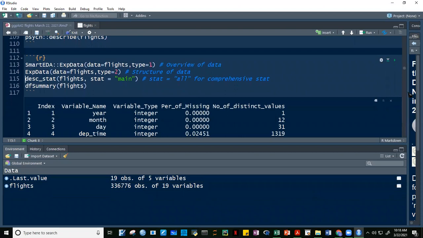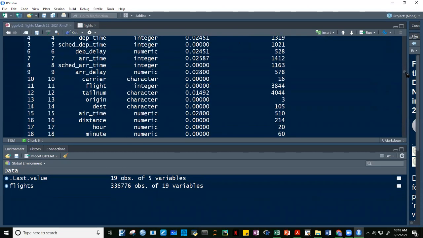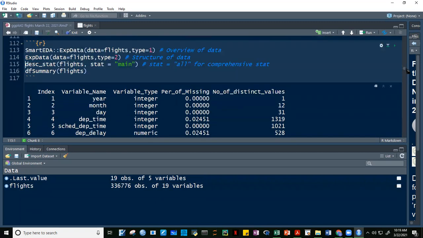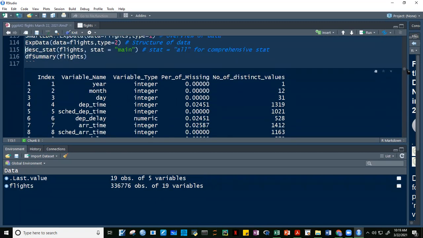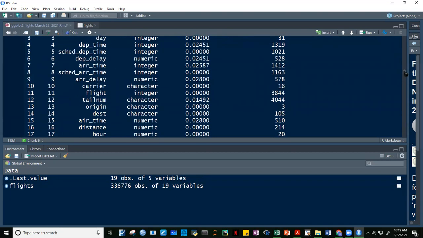Hindi ko pa pala nare-require yung SmartEDA. Okay, so this is just an overview of the data. Variable name, type, percentage of missing. So makikita natin dito, guys, ilan yung mga missing values. Arrival time, for example, 2% missing. So that's the structure.